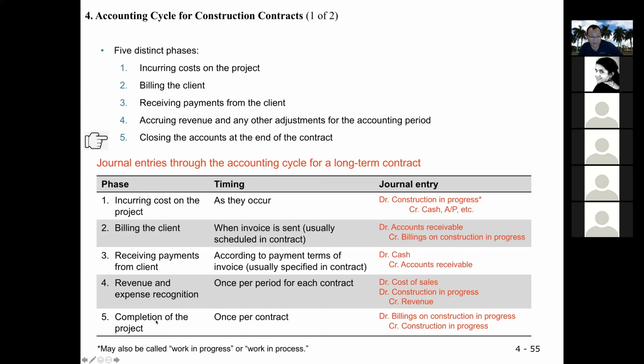Because the contract is complete, you handed this asset to the customer. You're going to credit construction in progress, and they do not owe you anymore. The billings should be cleared, so both accounts will be closed. Any questions?